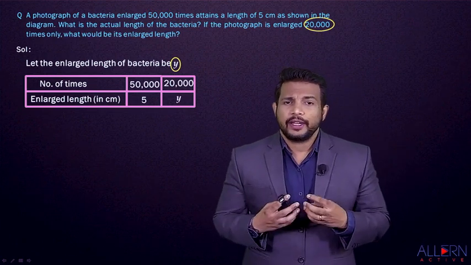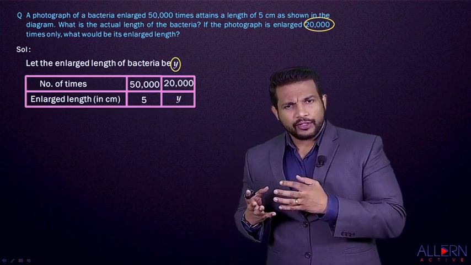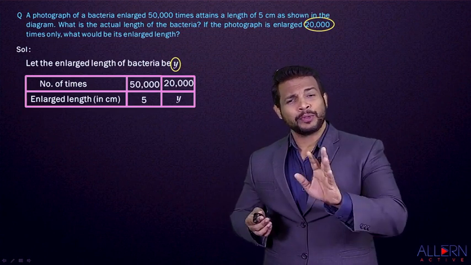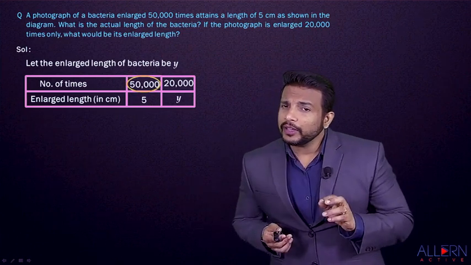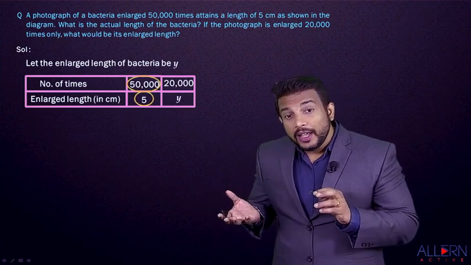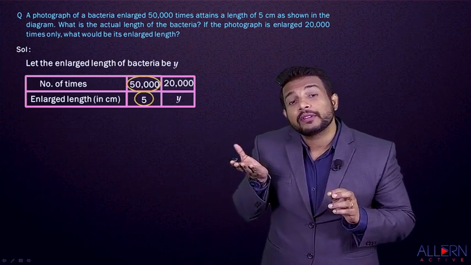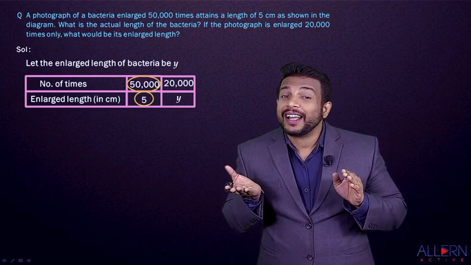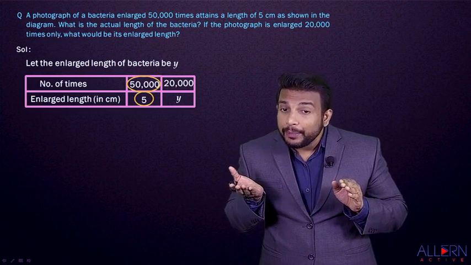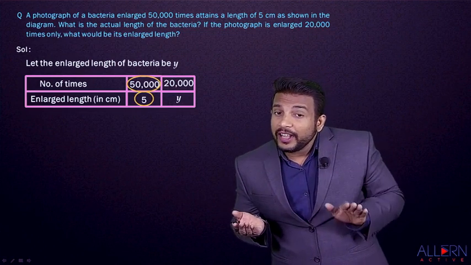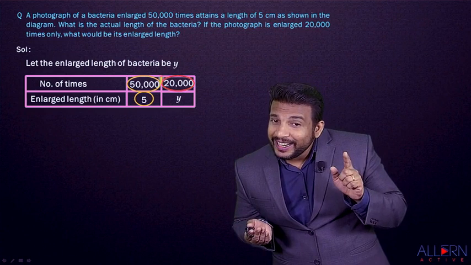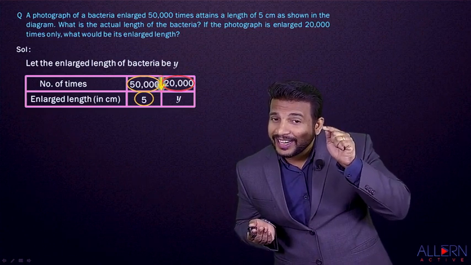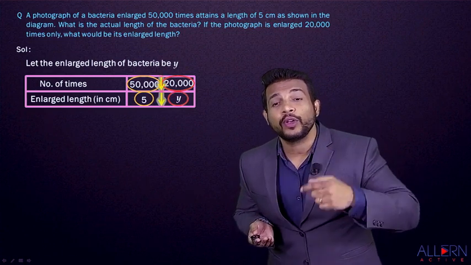Now let's understand, is this a case of direct proportion? It's going to be so easy. Observe here the information which we have. When it is enlarged 50,000 times, the length is 5 centimeter. Now when it is enlarged 20,000 times, that means it is reduced. So obviously the length will also reduce. That means here when one quantity is decreasing, the other quantity is also going to decrease.